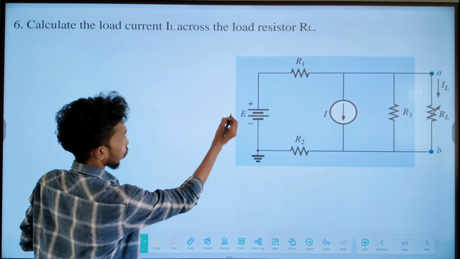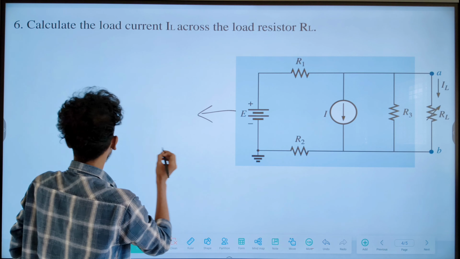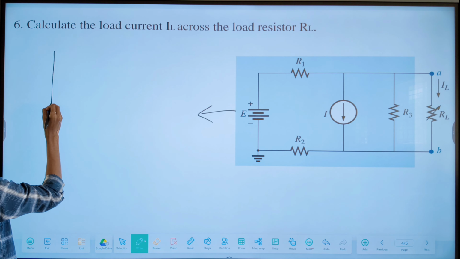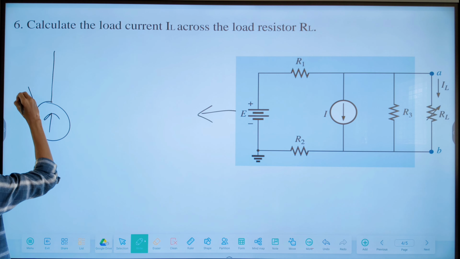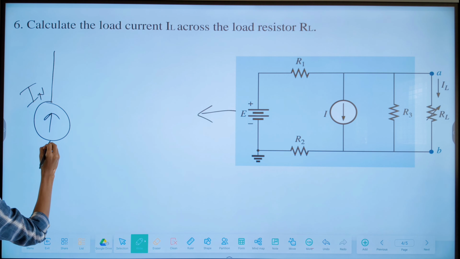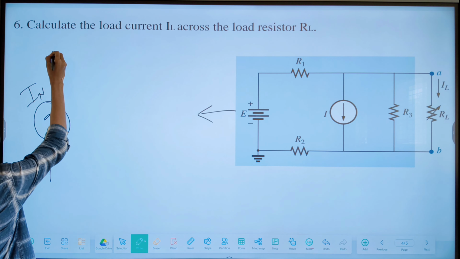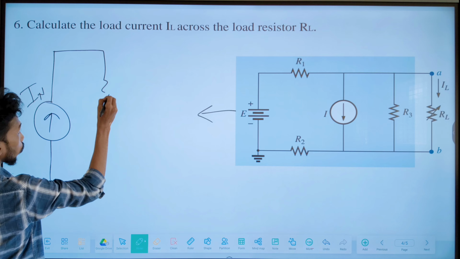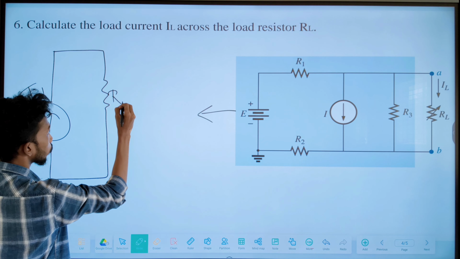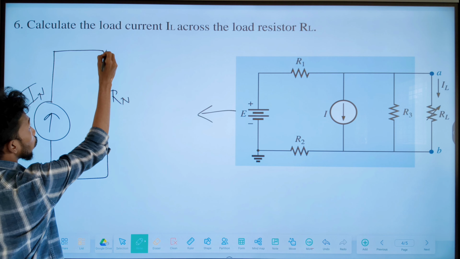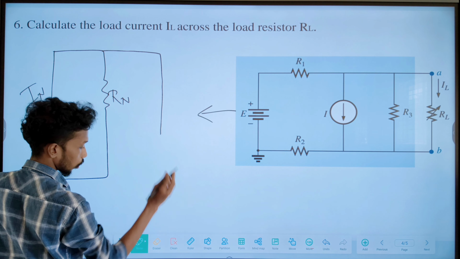If we draw this circuit for Norton, then we will get one Norton current, that is IN, and this current source is connected in parallel with our Norton equivalent resistance, that is our RN, and one load resistor will be connected.